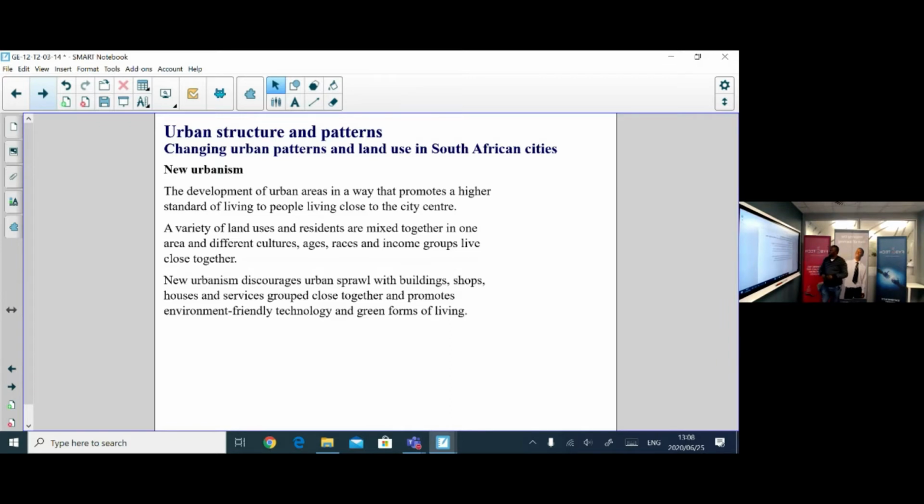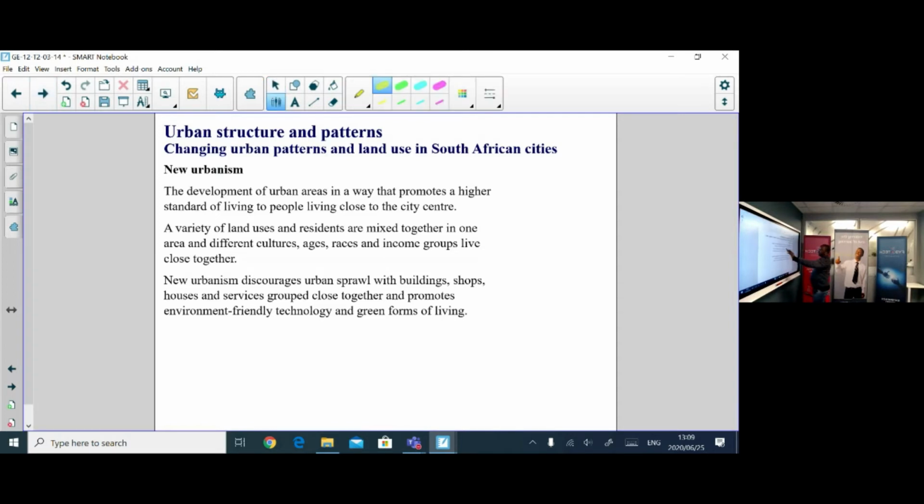Now we are going to look at what we call new urbanism, the development of urban areas in a way that promotes a high standard of living to people living close to the city center. A variety of land uses and residents are mixed together.